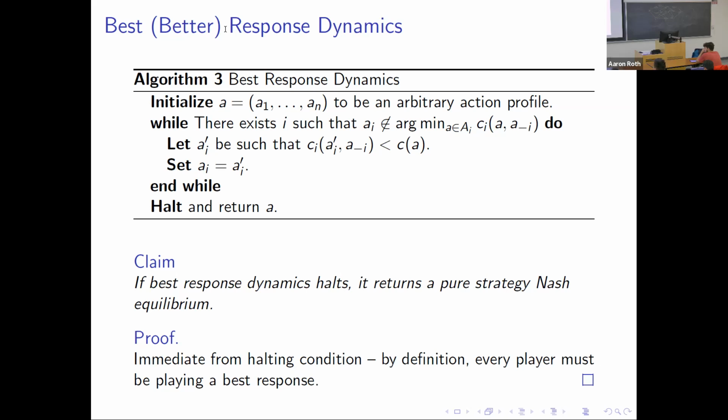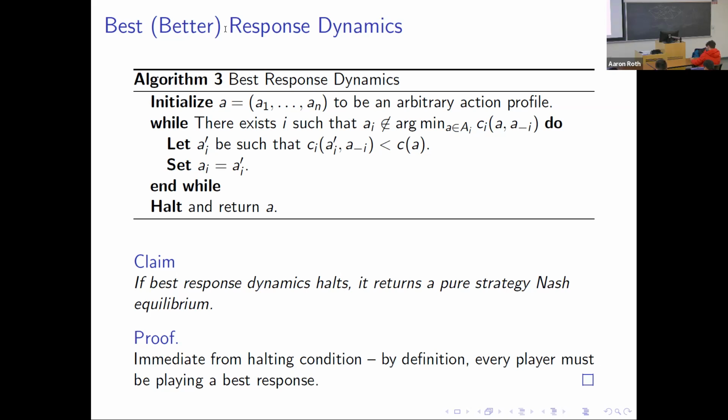So the kind of thing we need to prove is that we can never visit the same game state twice, that we are making progress according to some metric. The metric might not be obvious a priori, but if we can identify any metric along which iterations of best response dynamics are making progress, then an implication will be that we can't loop back to a state we've previously visited. So that's going to be the idea. We want to identify some potential function, some function mapping game states to real numbers.